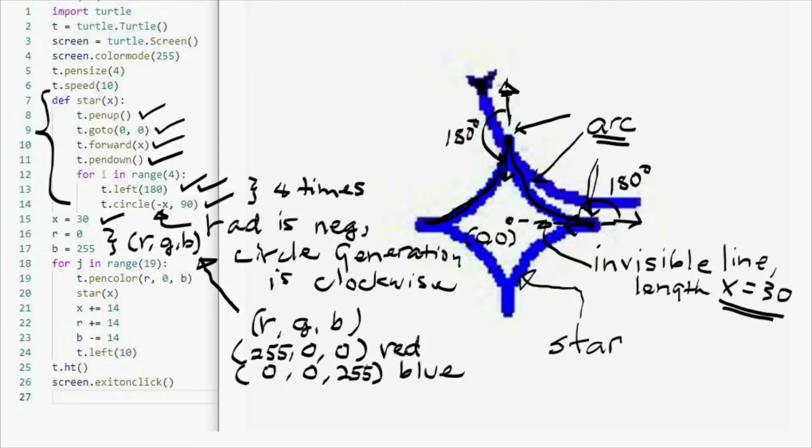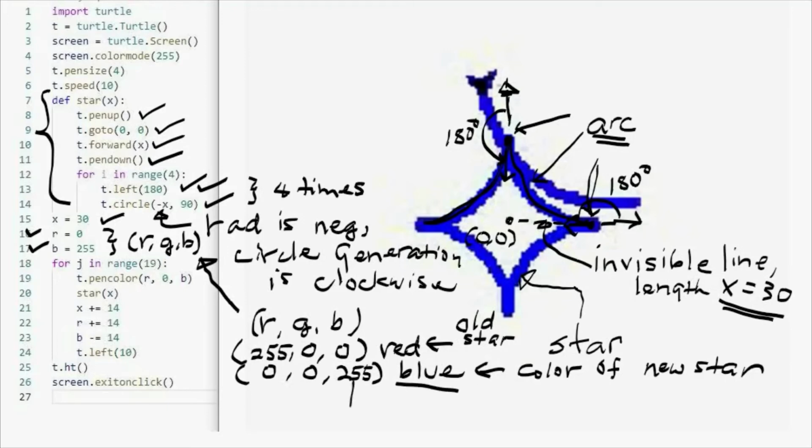The star started as blue, the color of the new star, while the red is the color of the old star. We started with R equal to 0 and B equal to 255. That means the initial star that we are drawing is blue. Okay, blue.